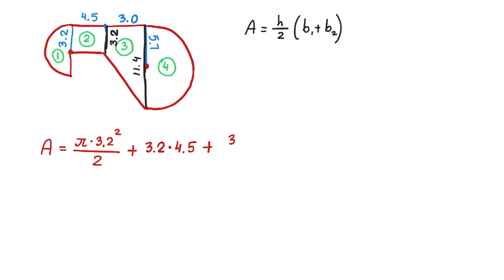So the height 3 divided by 2 times, in parentheses, the lower base is 11.4 plus the upper base is 3.2. And now we need the area of the fourth region. This is a half circle with the radius 5.7. Therefore, the area is pi multiplied by 5.7 squared, all divided by 2, because we need half of a circle.